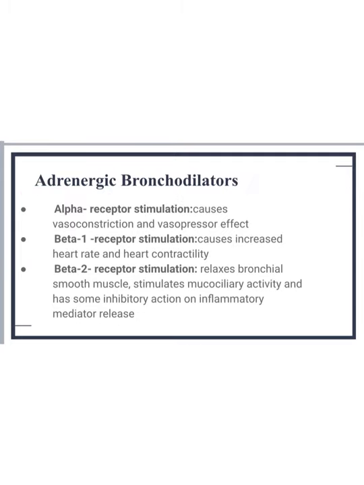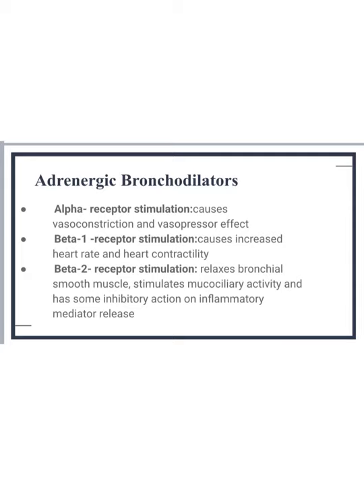So the receptors in the airway from the sympathetic nervous system includes alpha receptors, alpha 1 and 2, which we're not going to go in depth with those until we get to advanced pharmacology. Stimulation of the alpha receptors cause vasoconstriction and a vasopressor effect.